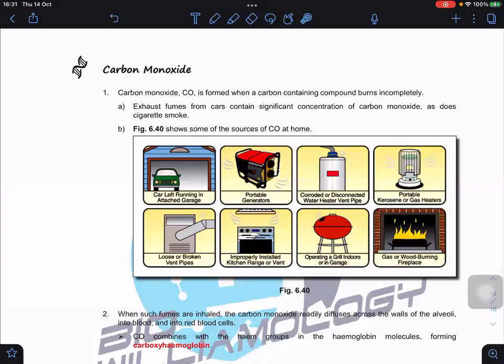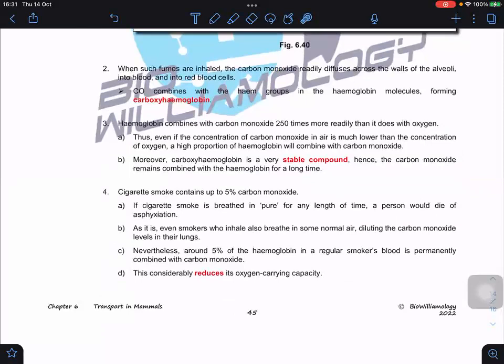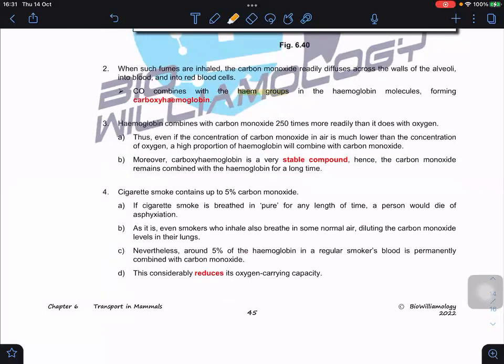Now what is the problem here? When these fumes are inhaled, the carbon monoxide readily diffuses across the wall of the alveoli and combines with the heme group in the hemoglobin molecule, forming carboxyhemoglobin.